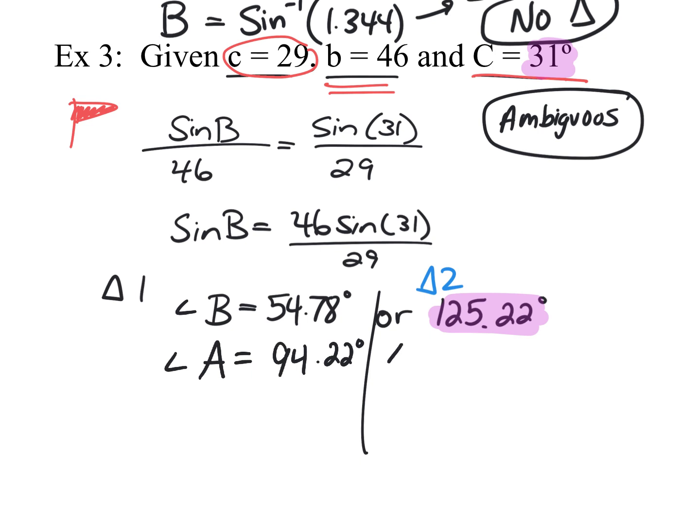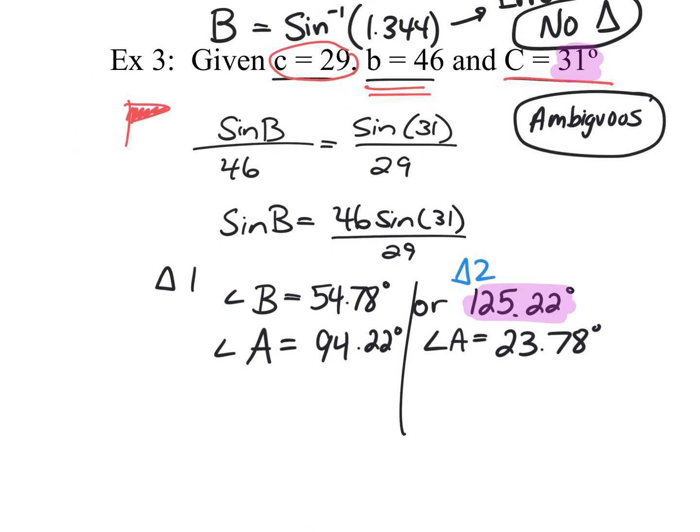In our other triangle, angle A would equal, well, in this case, we would take 125 plus 31, subtract that quantity from 180, and we would find that angle A would be 23.78 degrees.